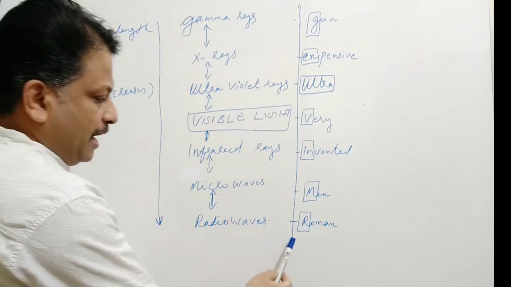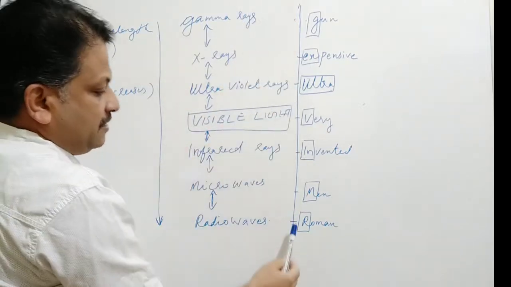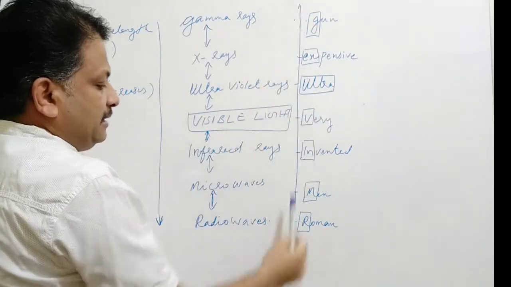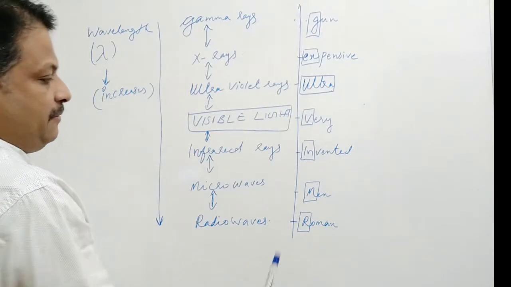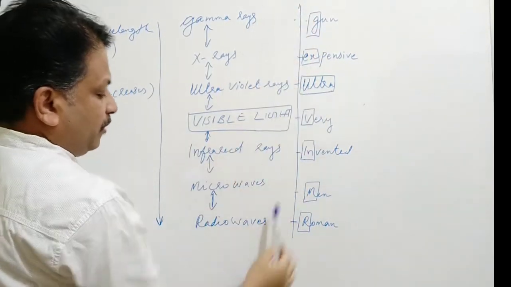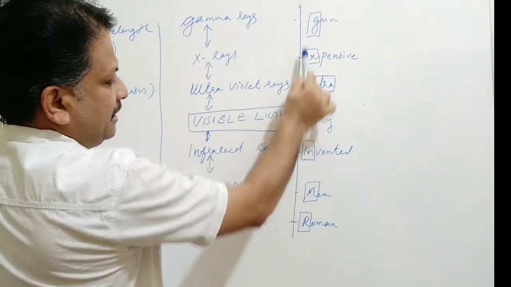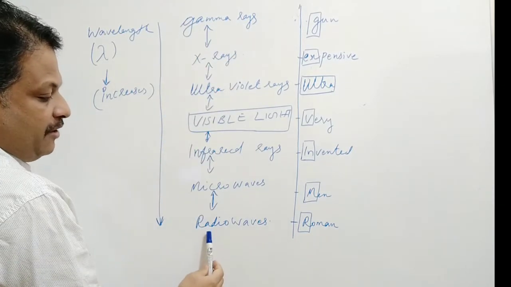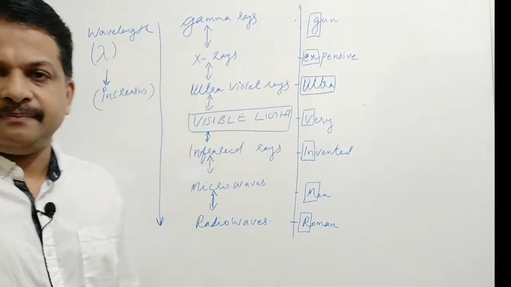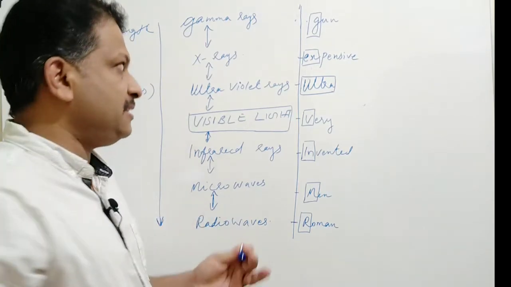Now as you move from radio waves to gamma rays, these waves are arranged in the increasing order of frequency, such that gamma rays have the maximum frequency and radio waves have the least frequency. Clear? So it is very easy to remember the wavelength range as well.